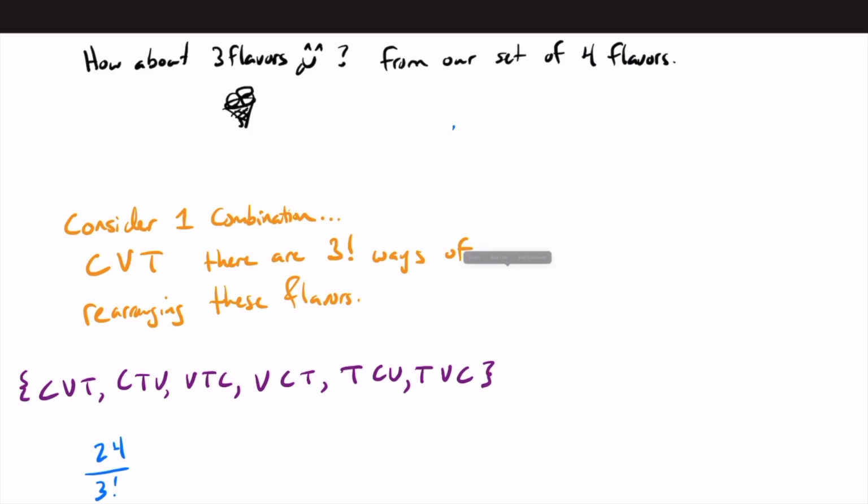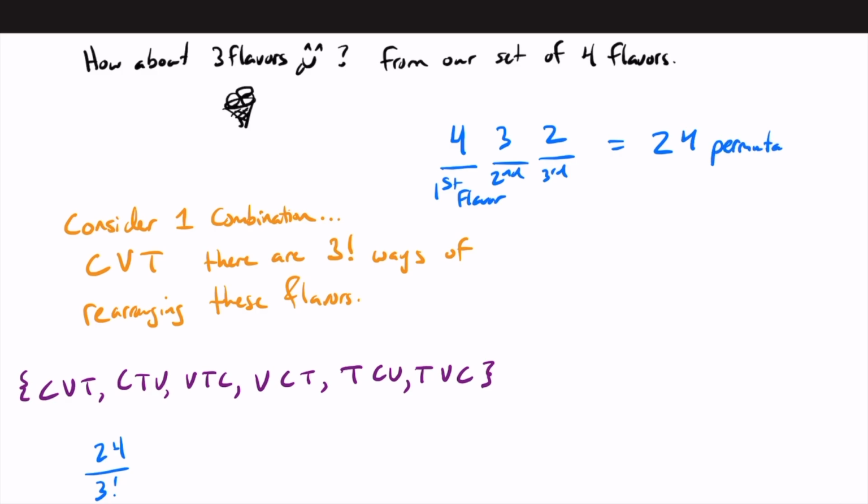So this would be 4, 3, and 2 because we have 4 possible flavors for the first flavor, second, and third. So this equals 24 because 4 times 3 times 2, so 24 permutations of scoops, divided by 3 factorial.